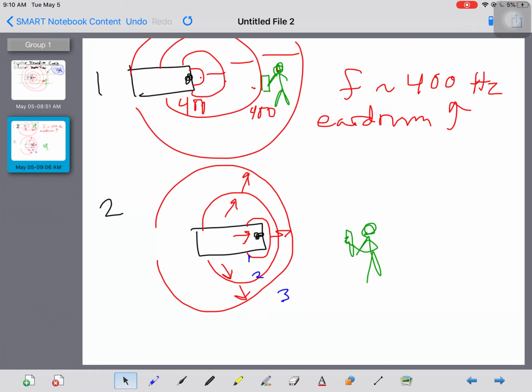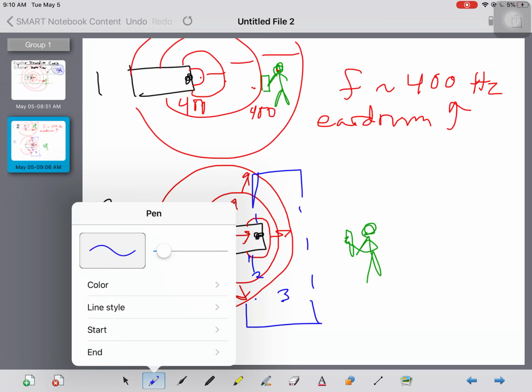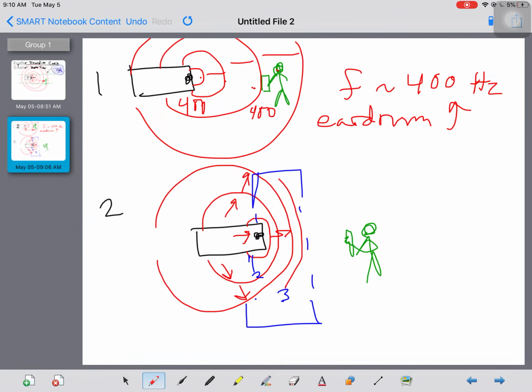And so what ends up happening is all the waves on the front side of the car, you see this whole area over here, all the waves in this region get squished together. And as they approach Mr. B squished together, you're actually going to have a pattern more like this.